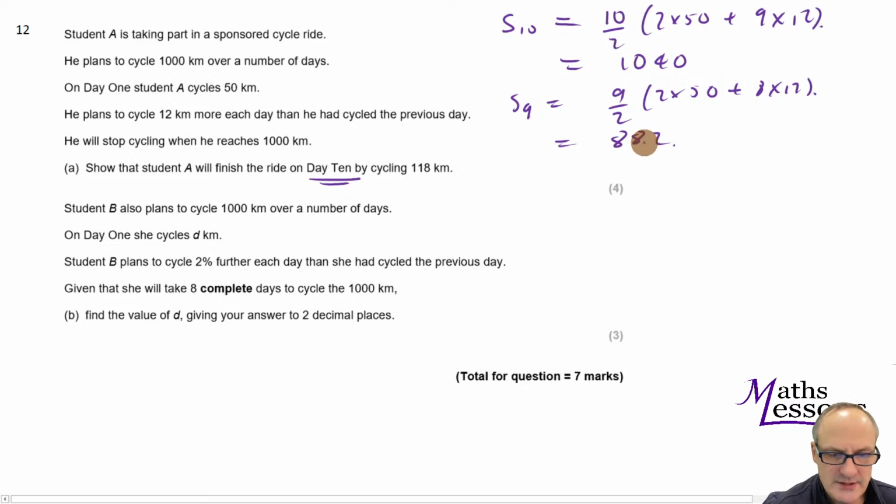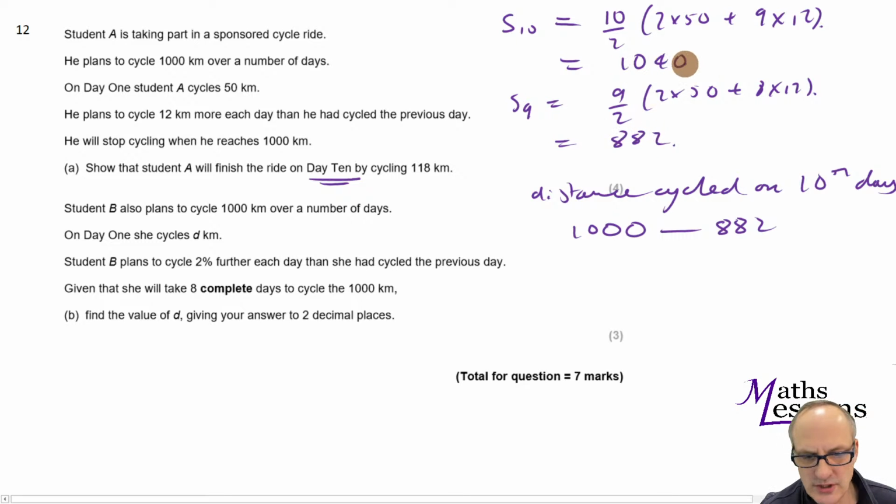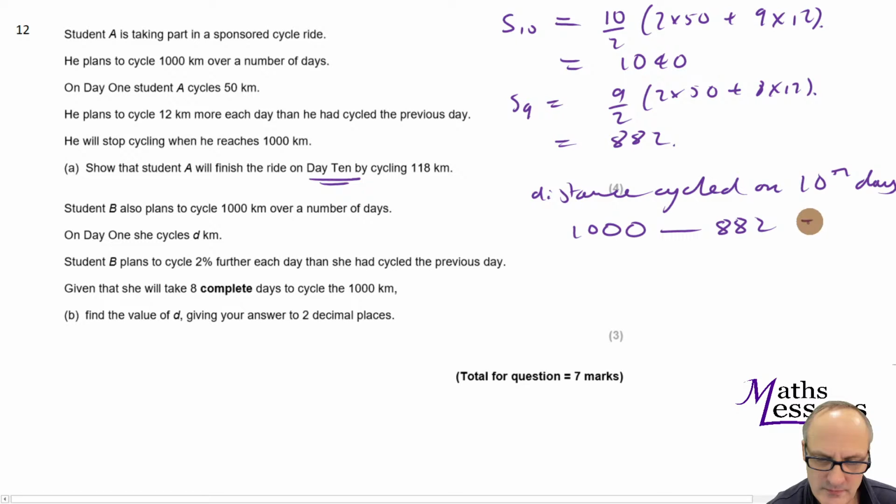So quite clearly, they finish the ride on the 10th day, but the distance they will cycle on the 10th day will equal 1,000 minus 882. They're not going to go to 1,040, just because we have an arithmetic progression which creates the 10th day. They will stop once they've got to their destination. So we take this away, we get 118 kilometers as our answer.